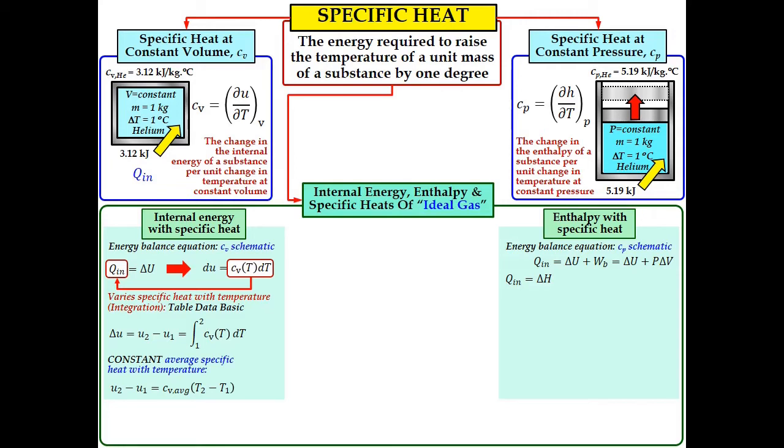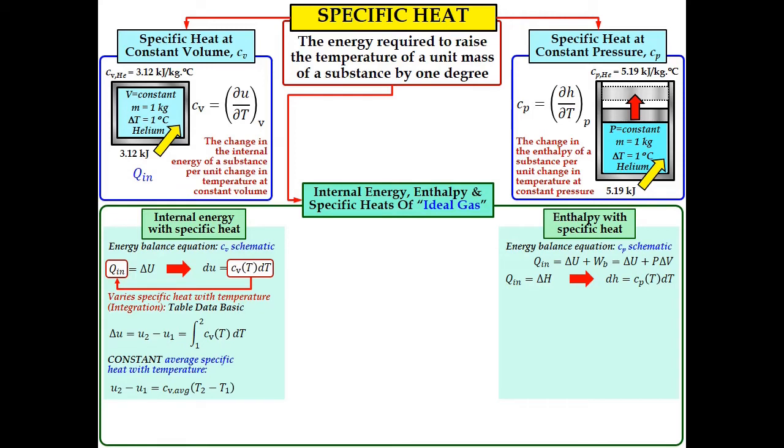and delta U plus P delta V is the definition of delta H. So now Q in will be equal to delta H, and we can get the relationship dH equal to Cp(T) dT. Why? Because during the process when we want to determine the specific heat at constant pressure, we need to supply the amount of energy to increase the temperature of the substance by 1 degree Celsius.